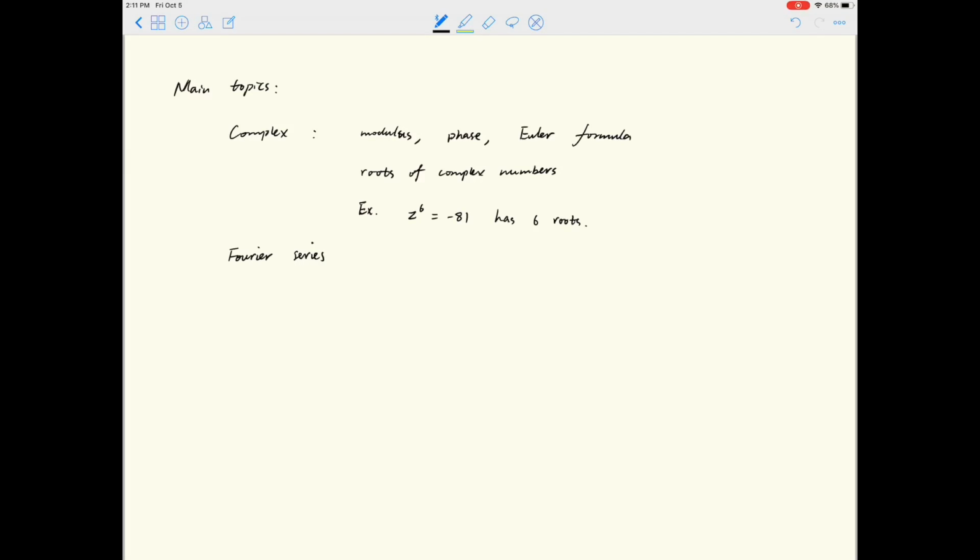Now, next big topic is the Fourier series. So here, what do you need to know? Formula for coefficients.